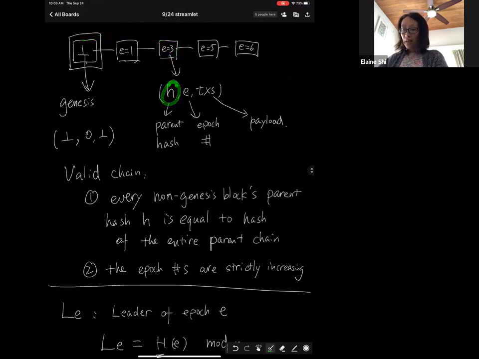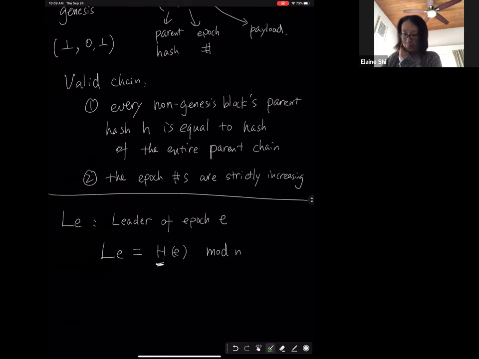So sometimes block and the entire chain can be used interchangeably, because given the block, it specifies the prefix uniquely as long as the adversary cannot find hash collisions. For the leader election hash function, we're just going to assume it's random and unpredictable. So every epoch, you call a hash function like SHA-256, and it gives you a random leader.